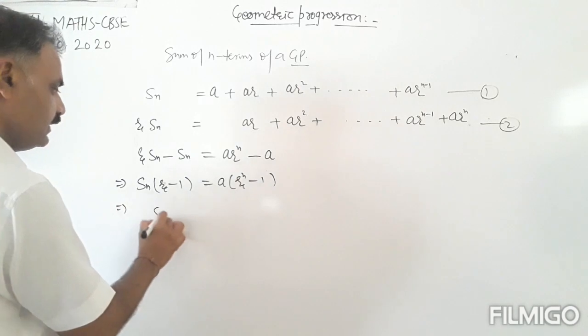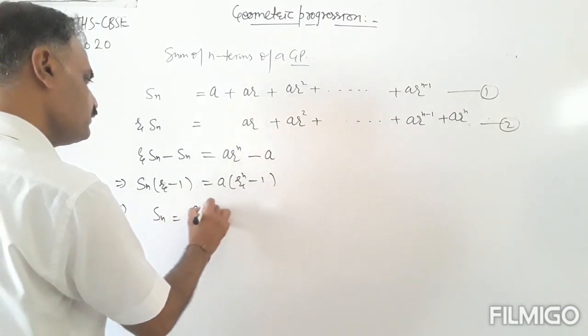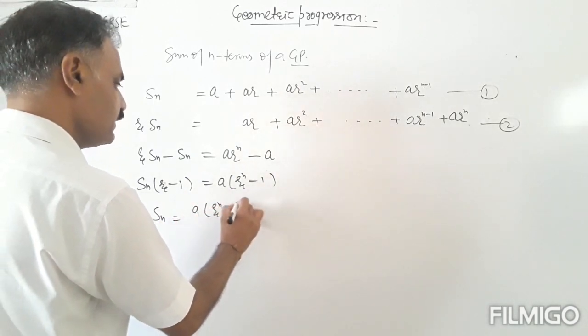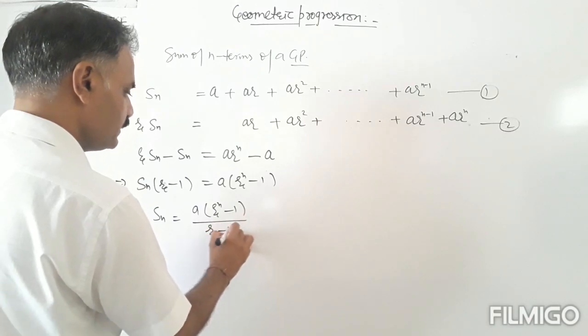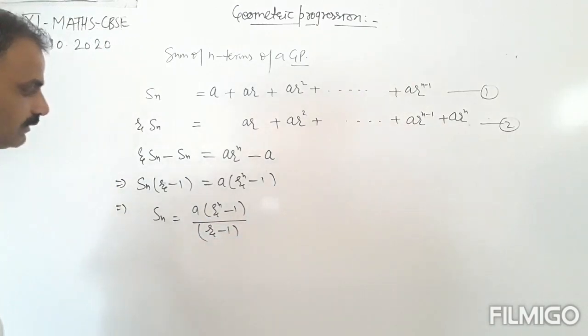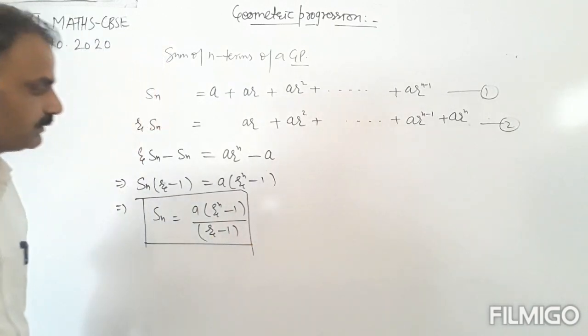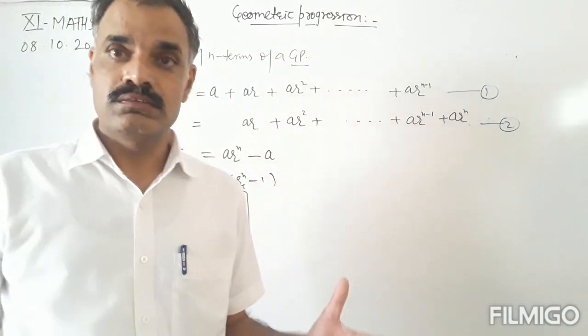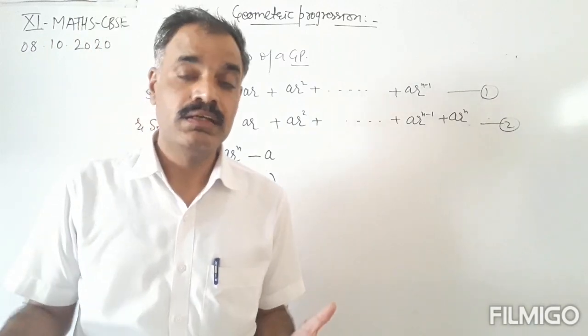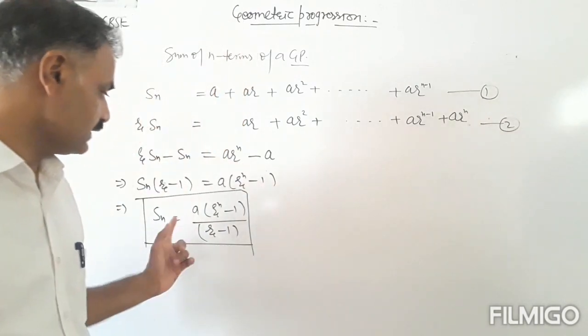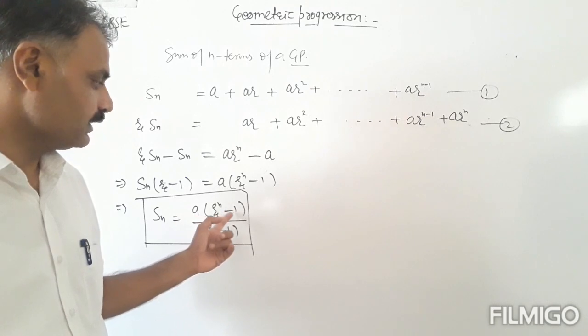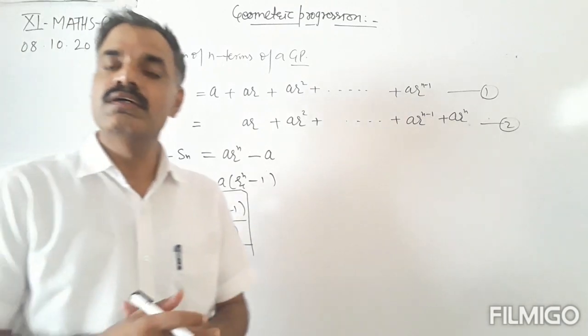So Sn is equal to a into (r to the power n minus 1) upon (r minus 1). This is the sum of n terms of a GP, geometric progression: Sn equals a into (r to the power n minus 1) upon (r minus 1).